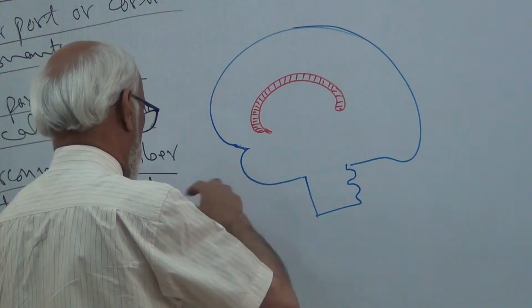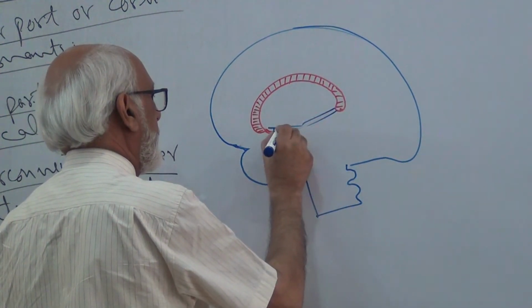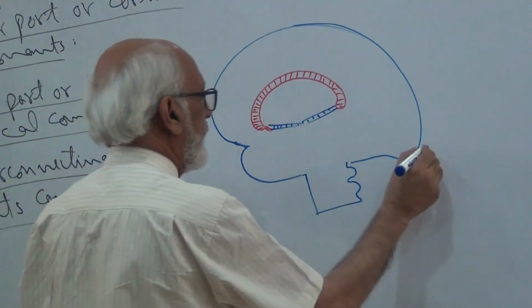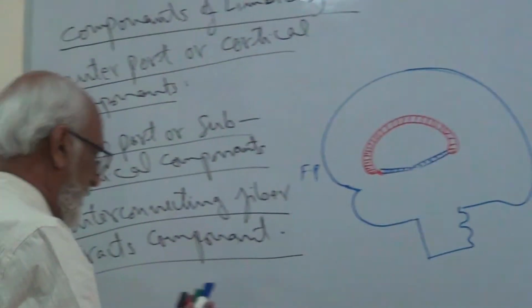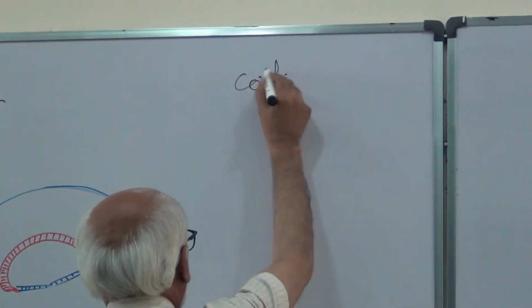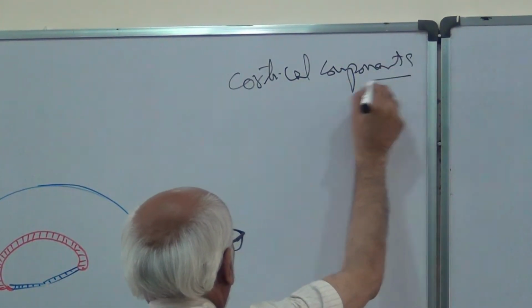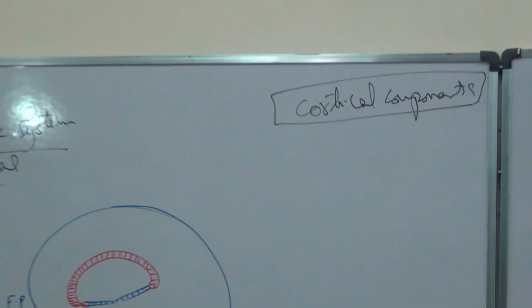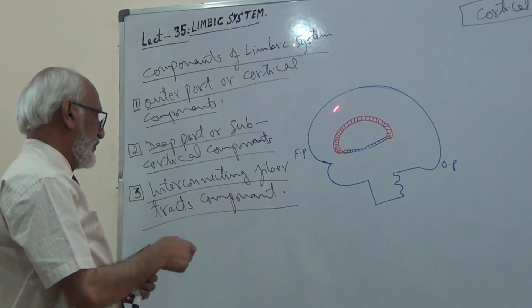And there are also other midline structures. The outer or cortical components are visible on the medial surface of each cerebral hemisphere.